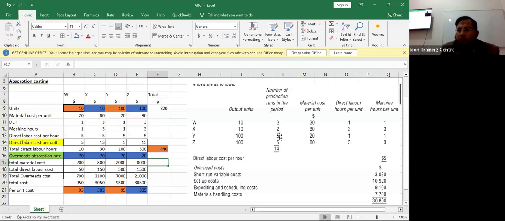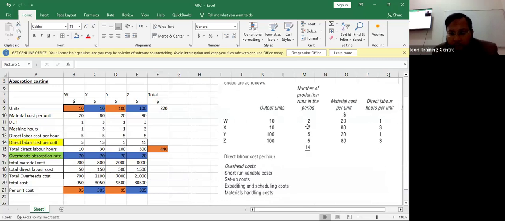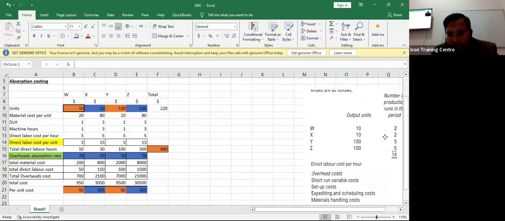So you have to incur this setup cost 5 times. Is this clear? Expediting and scheduling cost again depends upon production runs. And material handling cost again depends upon production runs, right?